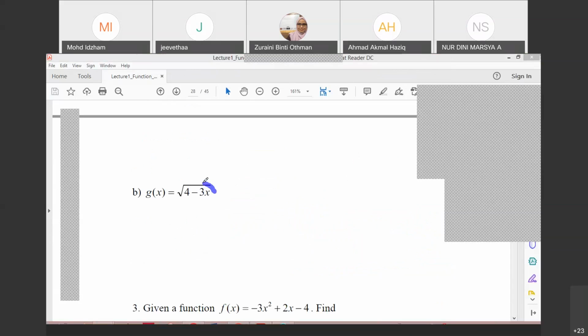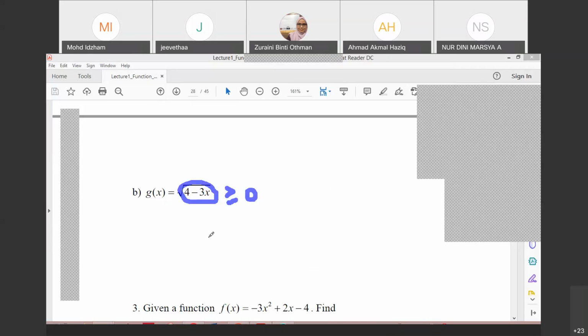Right, we learned previously when there is x inside the square root, we have to choose the value of x which must be greater or equal to 0, right? Because inside the square root cannot be negative number. So now Tong and Yukin said that it is less or equal to 4/3.